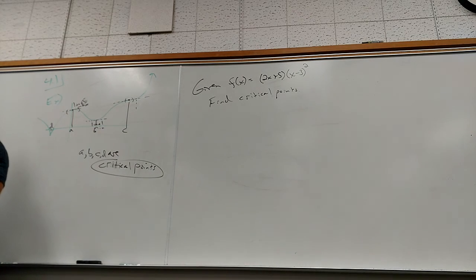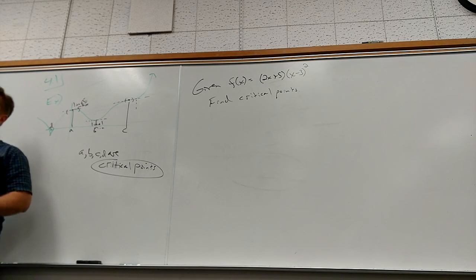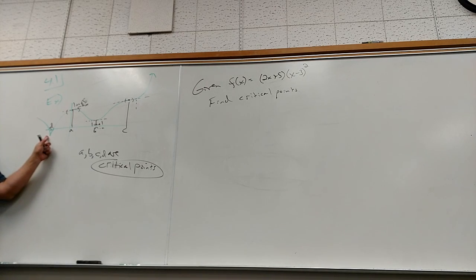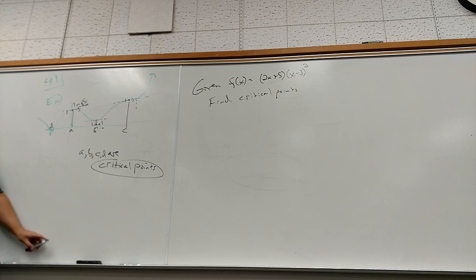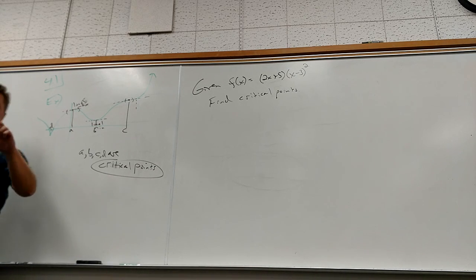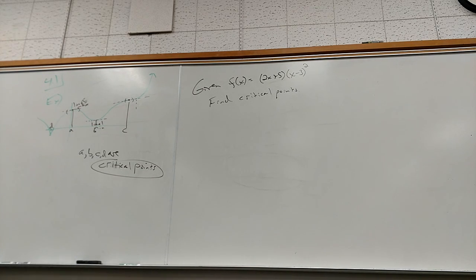Good. Try. Find the critical points. What are critical points? It's where the derivative is either 0 or undefined. Well, this is a beautiful function. There's not going to be any undefined in there. Some of you guys, this is your nemesis problem.